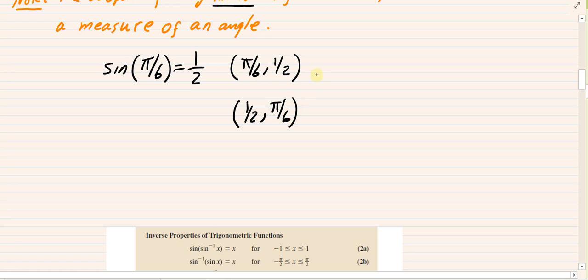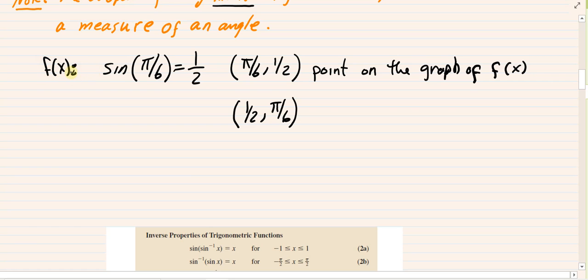This is a point on the graph of f of x, right? And my f of x is the sine function. Now, if we switch this, then this becomes a point on the graph of the inverse function, of f inverse x.